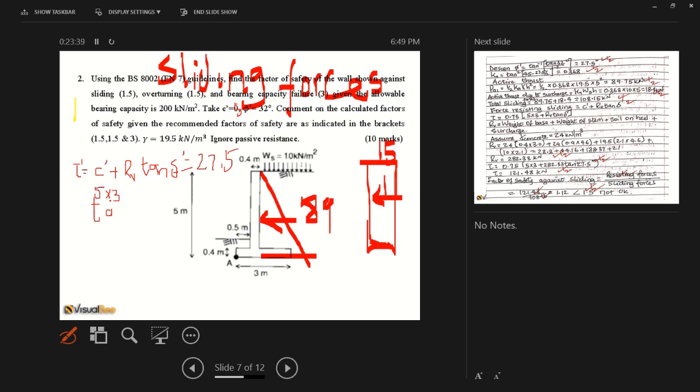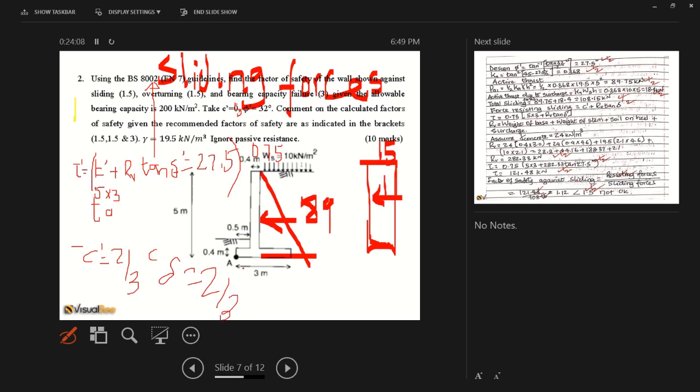In terms of the BS 8002 procedure, you have to multiply this by 0.75, so we modify it a little bit. This is the BS 8002 method, strictly speaking, but normally we just say C is 2/3 of C, and delta is 2/3 of phi.